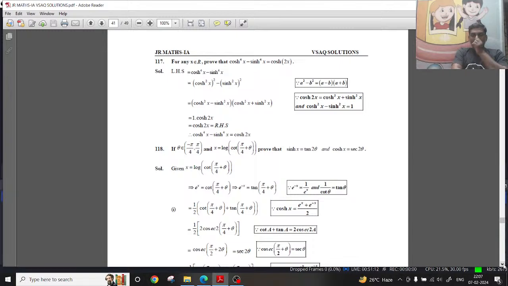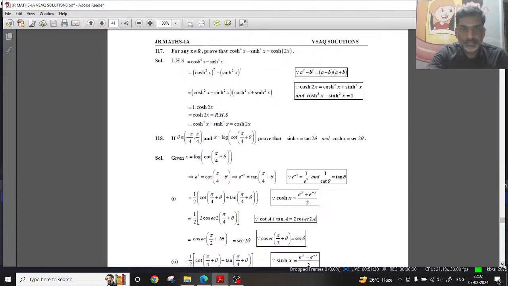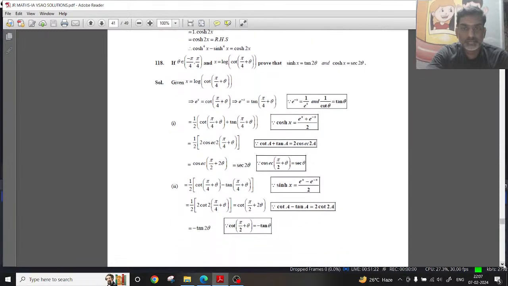what we get? We can get sin hx. Yes or no? Here it is there. Cot of pi by 4 plus theta minus tan of pi by 4 plus theta. Cot A minus tan A formula.